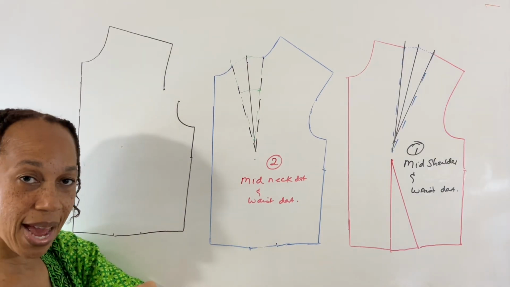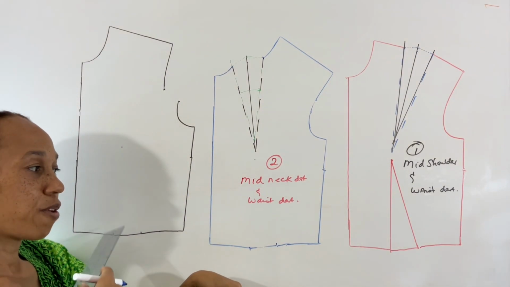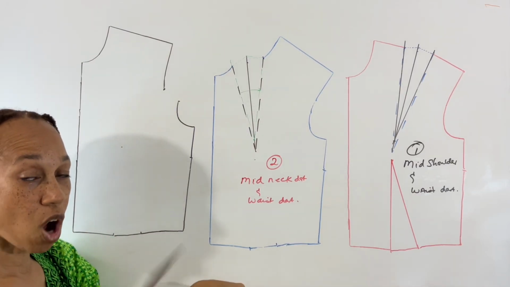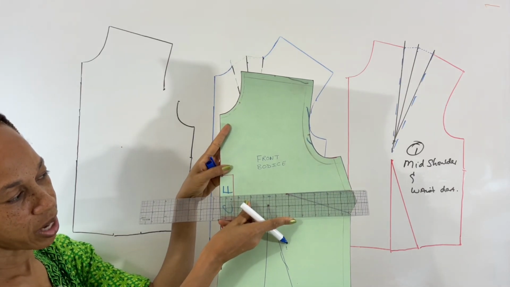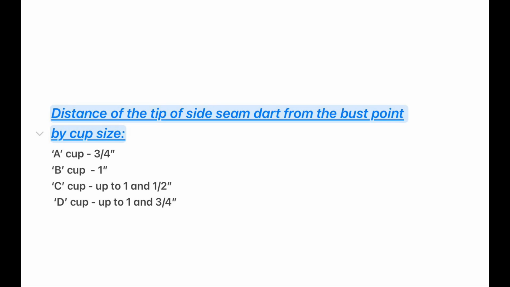There is another way that you can find your bust point instead of just going from the waist dart. So you can go from your side seam dart, and if you have your side seam here, you will draw your line across like this, right? For an A cup, you will know that you will be going 3/4 of an inch from the bust point to the tip of the dart. And for a B cup, that was 1 inch away.